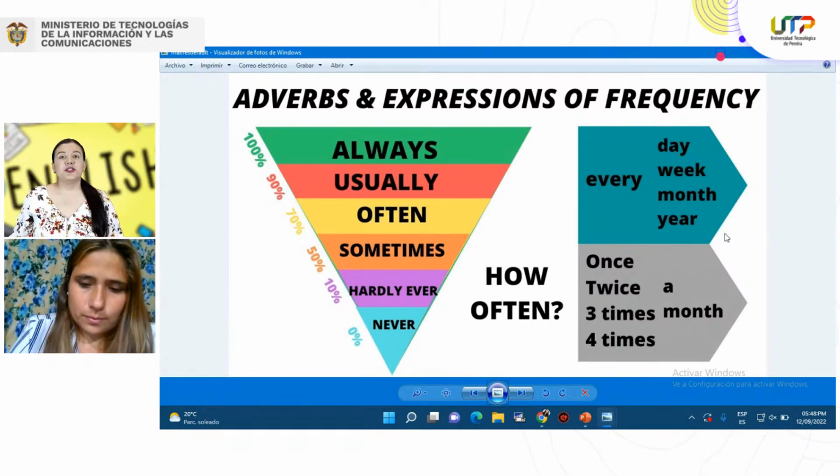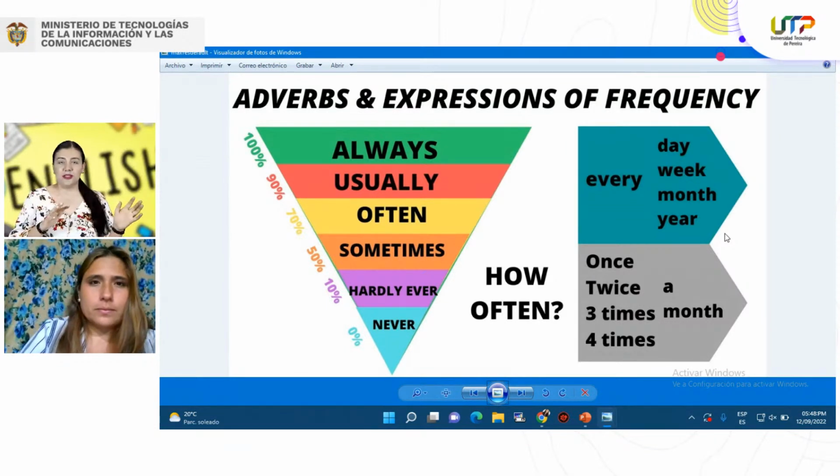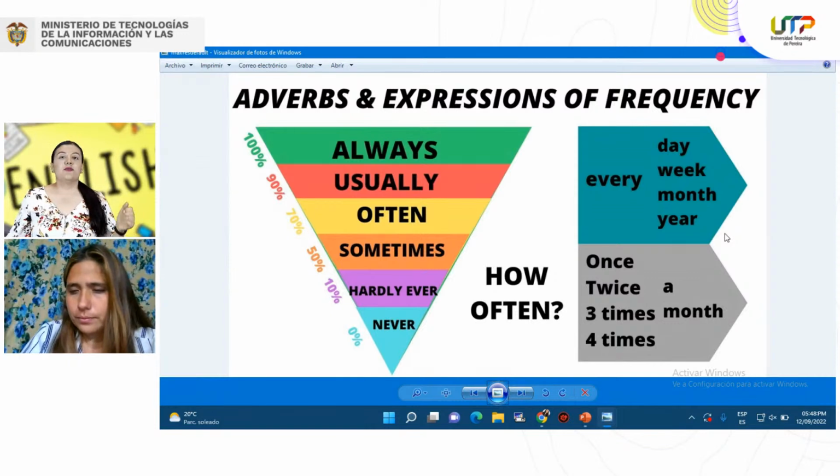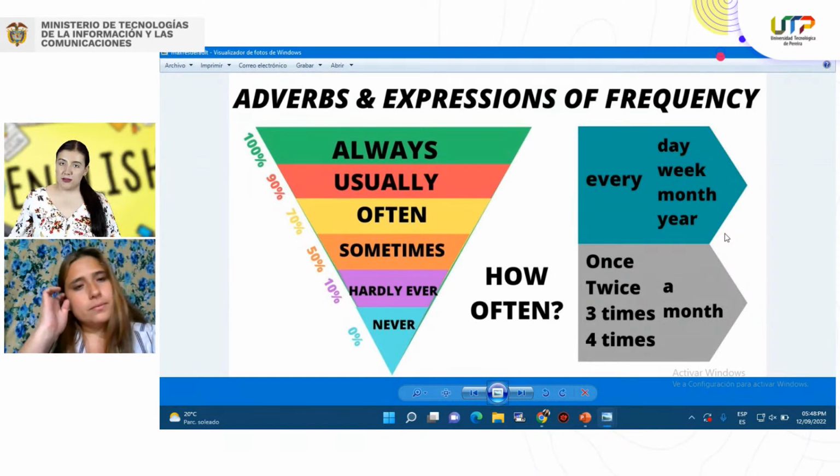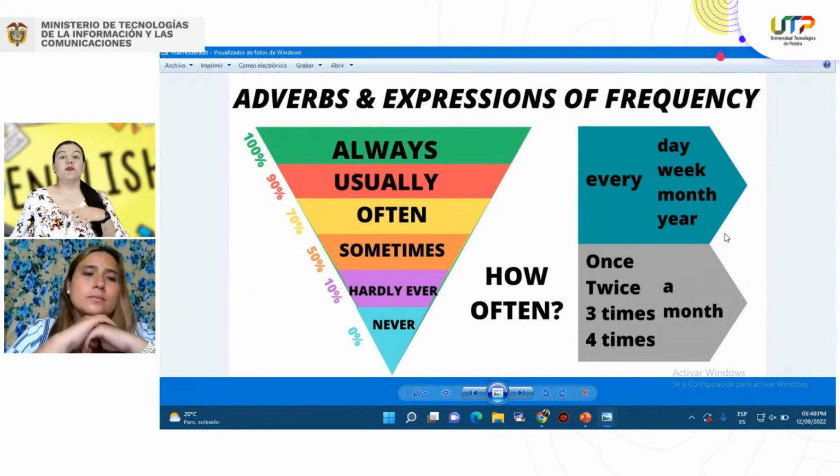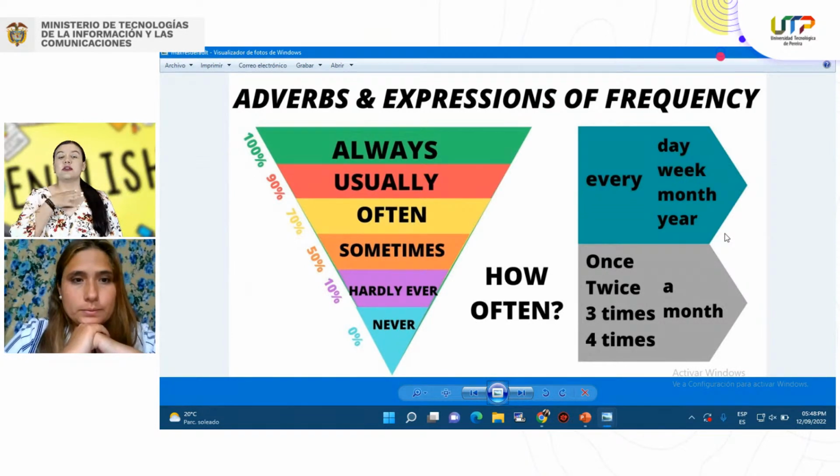Antes de hacer esa descripción, I'm going to review some concepts, okay? Before doing the description. So remember, first, we need to take into account that we have to use present simple, all right? So remember that when we use present simple, if we're going to talk about first person of singular, that in this case is me, I, I don't have any problem because I don't need to conjugate the verb.